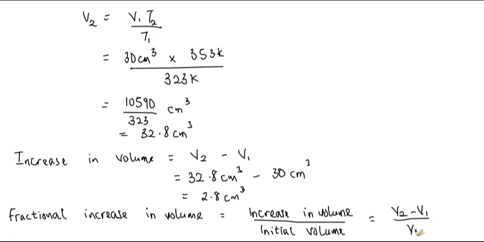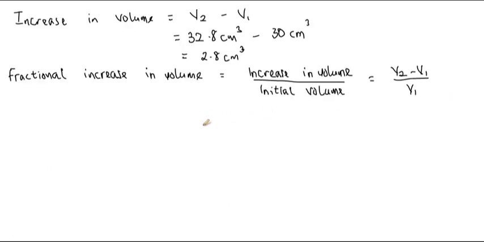Substituting, we have this equal to 2.8 centimeter cube divided by 30 centimeter cube, and this is equal to 0.093, which serves as the final answer.